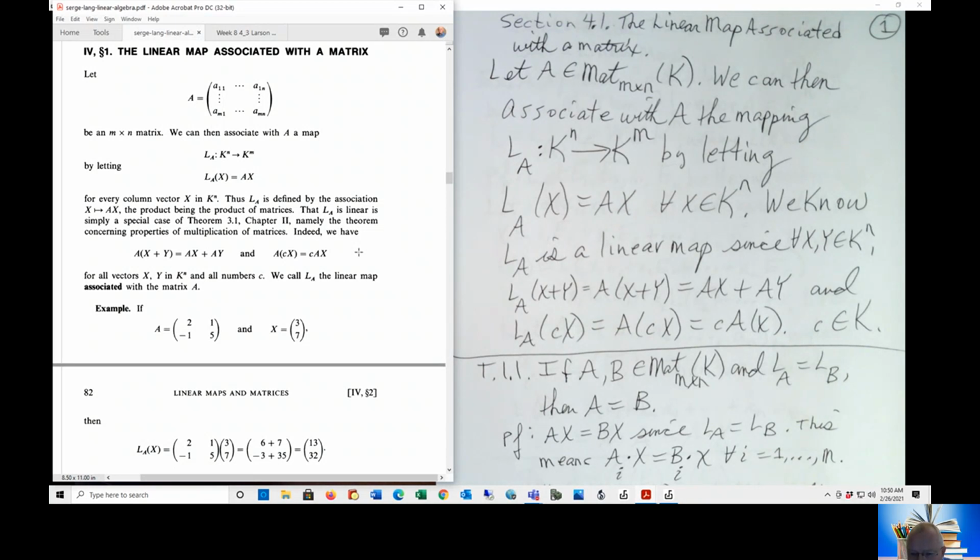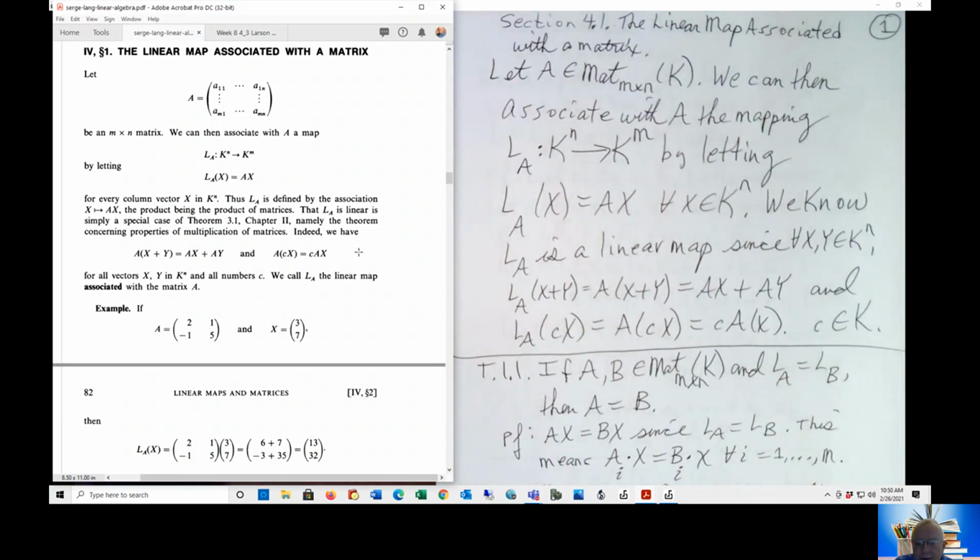Similarly, L sub A of cx is A times cx, and the scalar factors out, c times A of x, or A times x. And so we see that anytime we have a matrix A, we automatically have the linear mapping L sub A that's associated with the given matrix A.